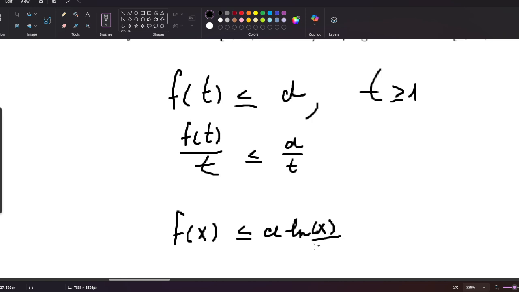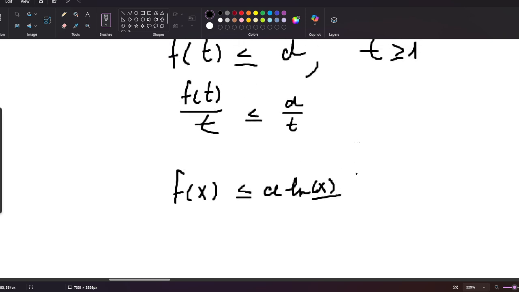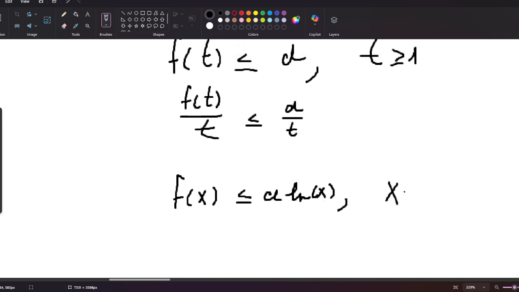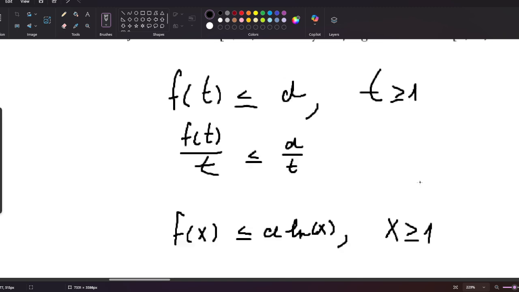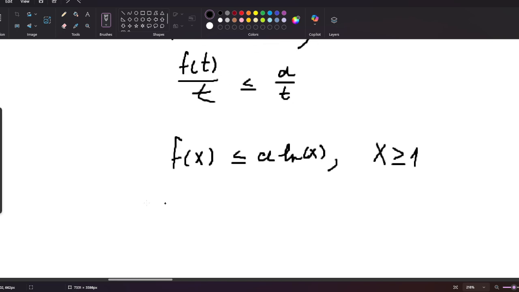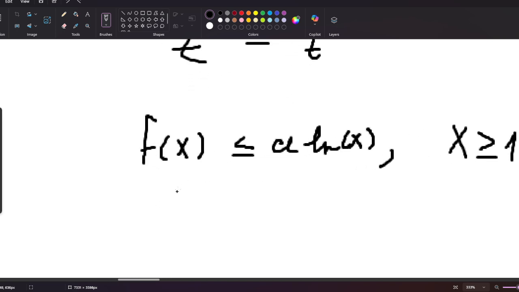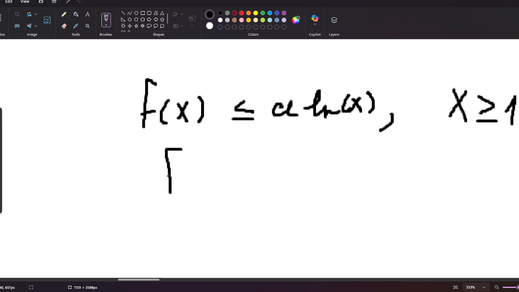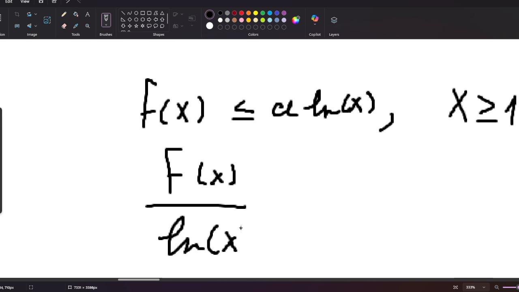I don't need to include the absolute value because we're working on the interval x greater than or equal to 1. So now we're going to divide both sides by natural logarithm of x. And it's going to be less than or equal to a.